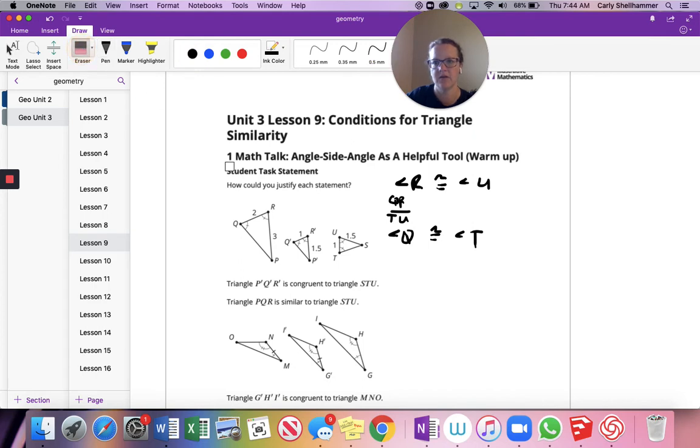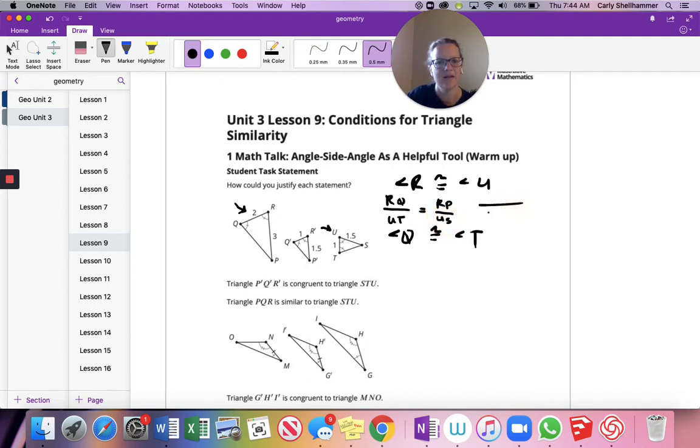I just want to keep it in the same order. It doesn't have to be. It just keeps my brain a little bit clear. RQ over UT is proportional to, so we just did this side and that side is proportional to RP over US.